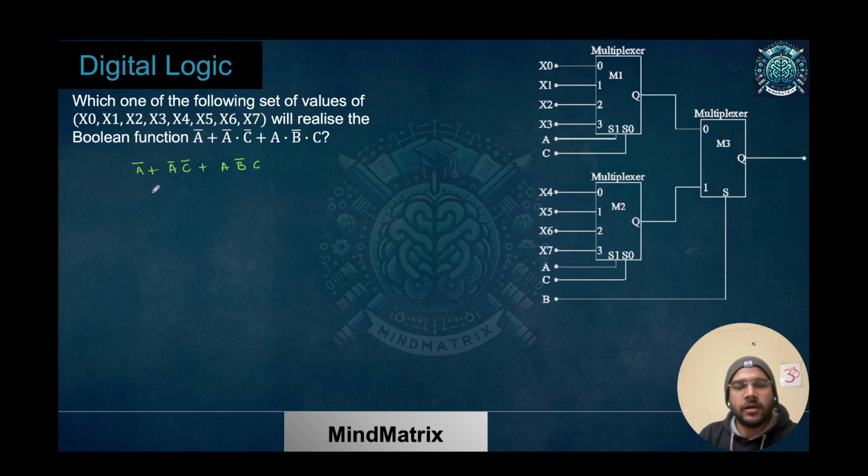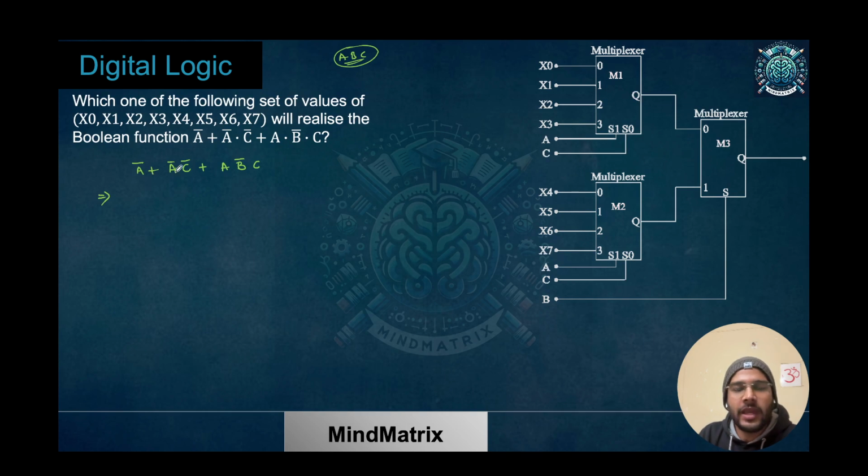Now one way of doing it is, so here what you can do is you can try to simplify first, and then you can try to write this Boolean function in terms of A, B, C, right? So let's try to do that.